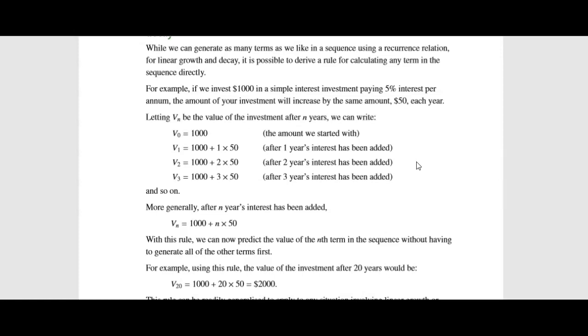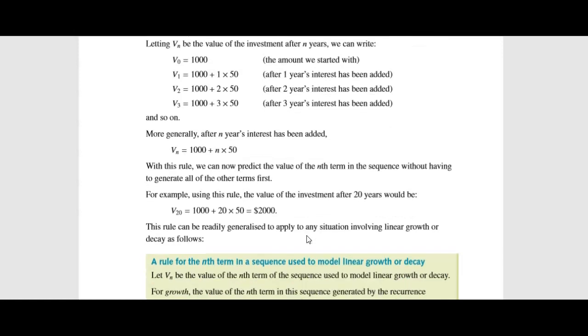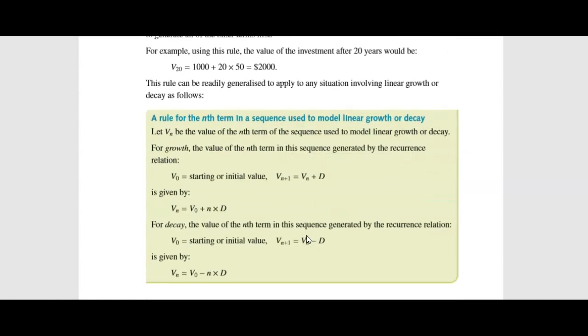So it's the same rule that we saw back when we did arithmetic sequences. The only difference is this time we're applying it to a real life situation. And you can see there, if you wanted V20, it's 1,000 plus 20 times 50. Okay, so your starting value, and then we've got 20 years of $50 payments. So after 20 years, you would get $2,000. Okay, so that's not much interest, but anyway, we're not here to judge.